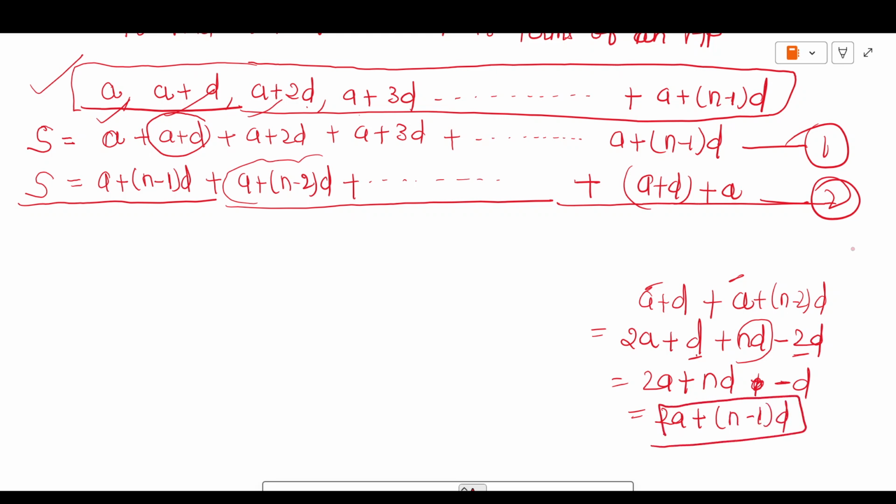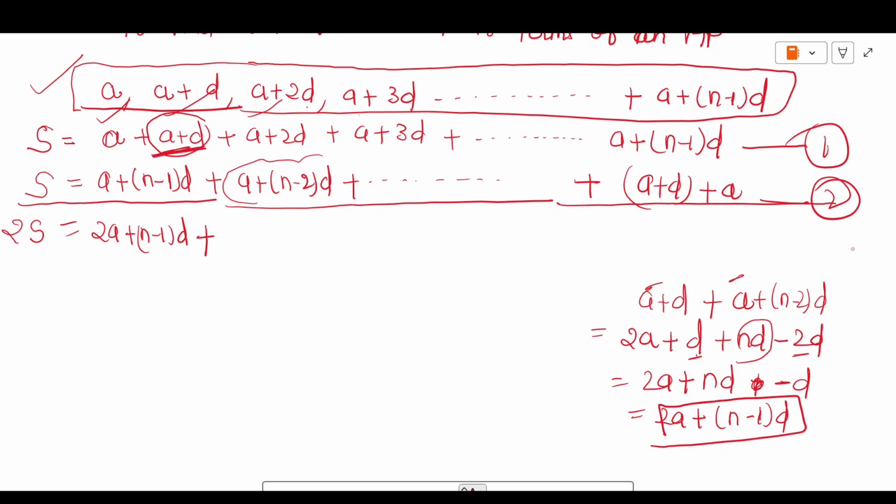Do you understand the solution? Just look here. If we add the first terms, here is 2A plus (n minus 1) into D. Similarly, add these two terms.